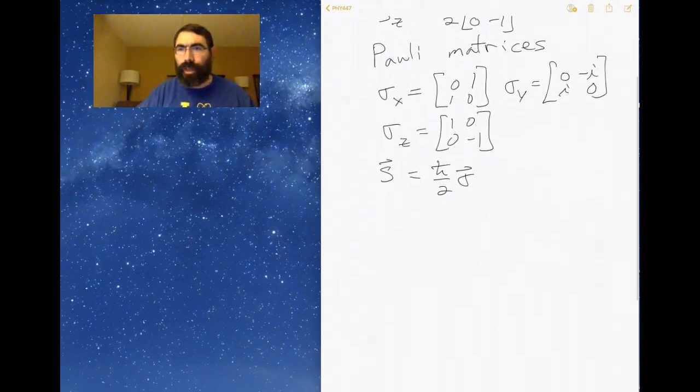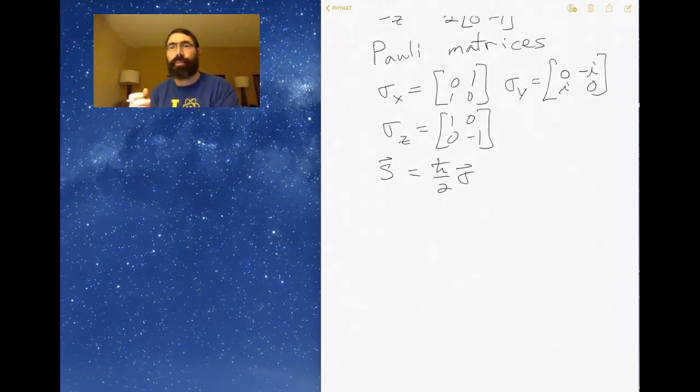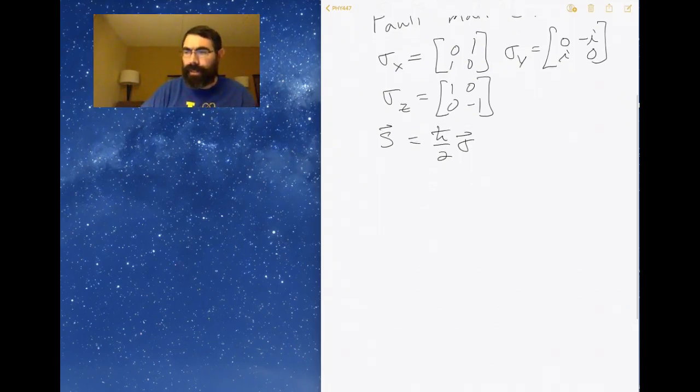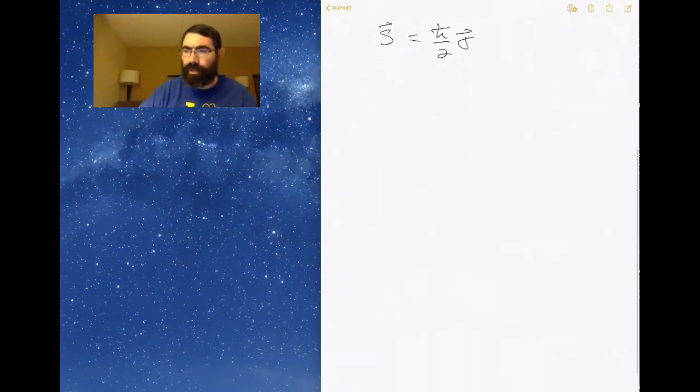Now, once we've chosen our spin matrices to have this form, there are different properties that you get.